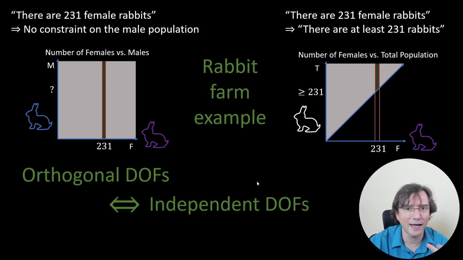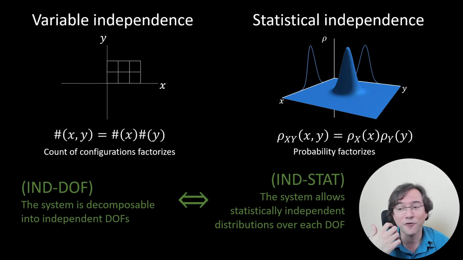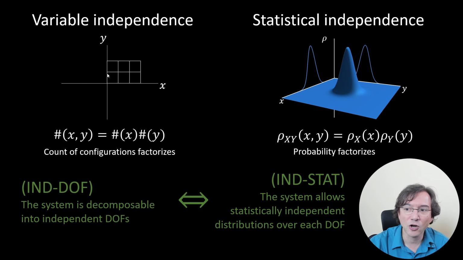The orthogonality is really something that tells us we have all possible configurations and the things are independent. Another type of orthogonality that is related but different is the one from statistical independence. In variable independence, as we had before, the number of configurations on x does not constrain the number of configurations on y, therefore the total number of configurations factorizes.